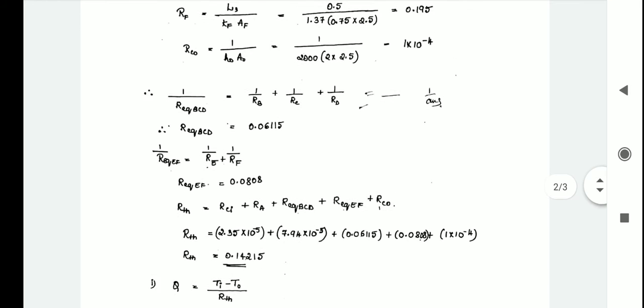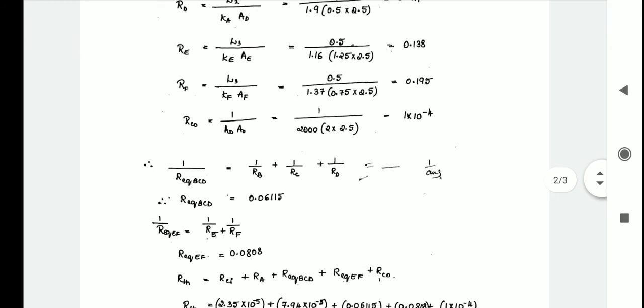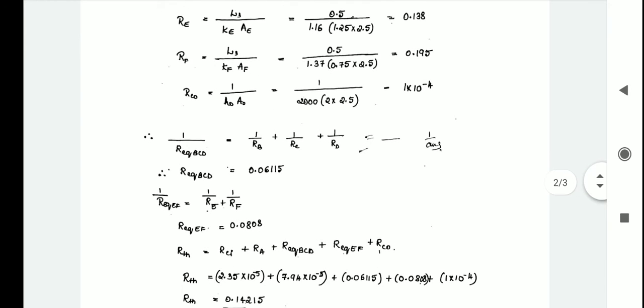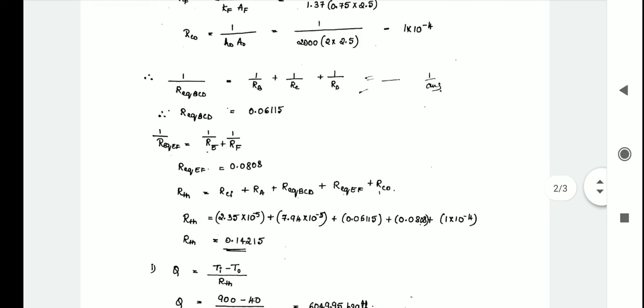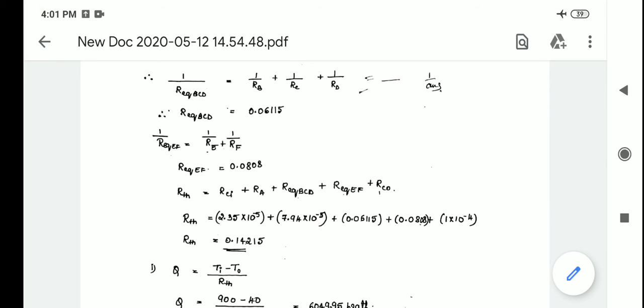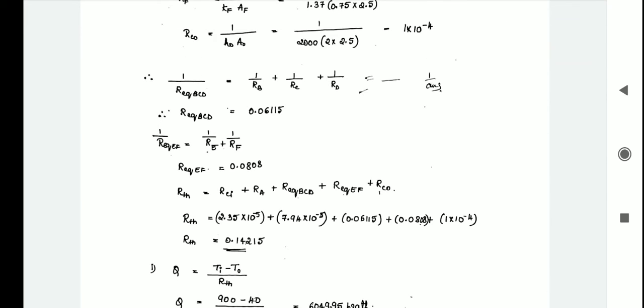Next is 1 divided by R equivalent EF, which is 1 divided by RE plus 1 divided by RF. So R equivalent EF you will get 0.0808. The thermal resistance is the summation of all: R_Ci plus RA plus R equivalent BCD plus R equivalent EF plus R_Co.